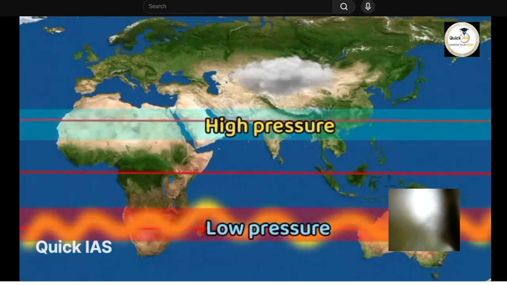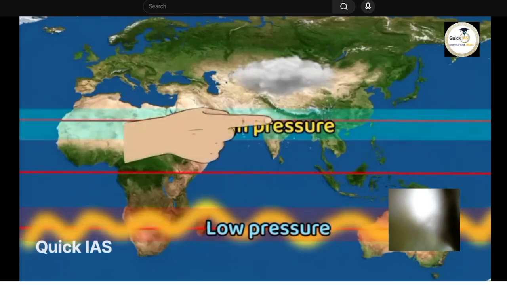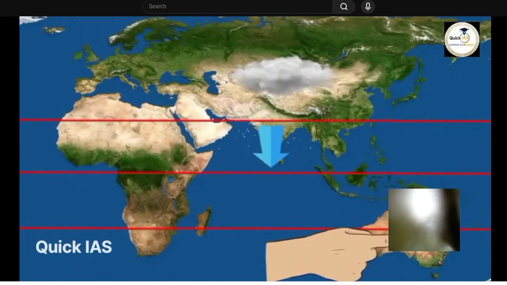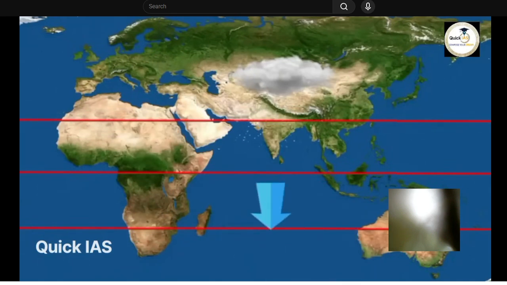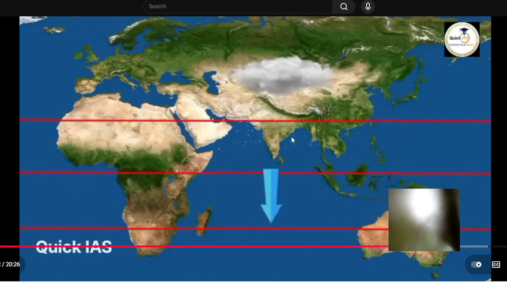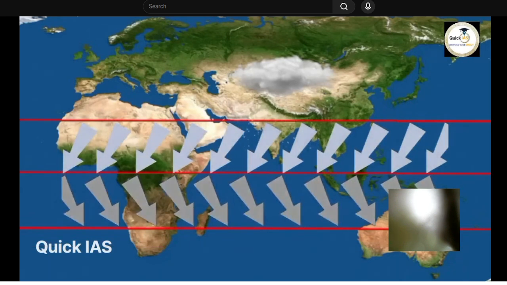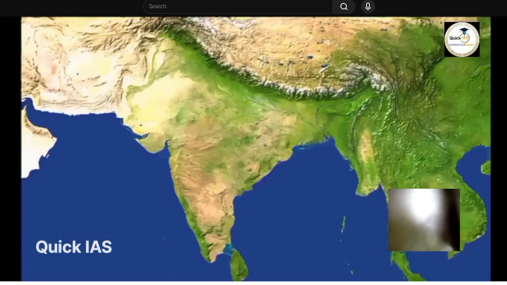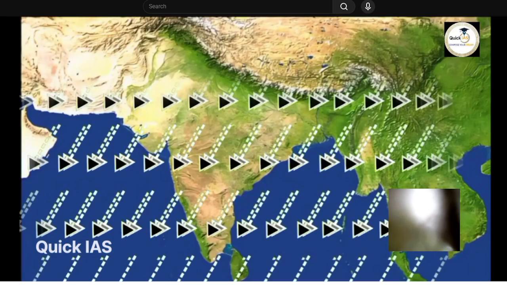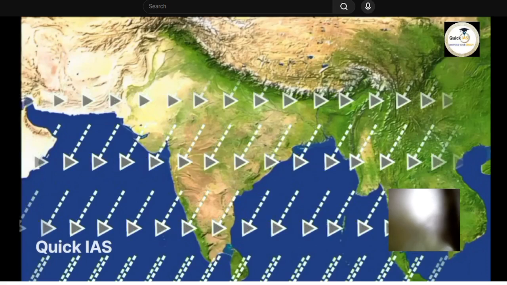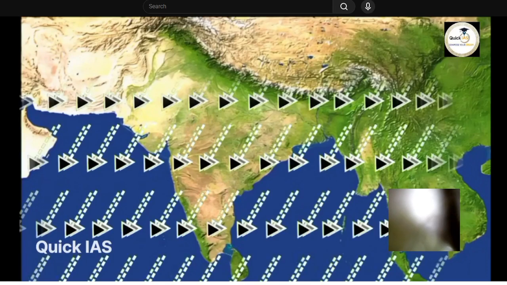As a result, winds begin to move from India towards Australia, i.e., from the Tropic of Cancer towards the Tropic of Capricorn. Due to the Coriolis effect, winds in the northern hemisphere begin to deviate to their right. These winds begin to deviate to their right in the southern hemisphere after the equator. If we consider India, winds are returning from the northeast, which is why it is called the retreating monsoon.